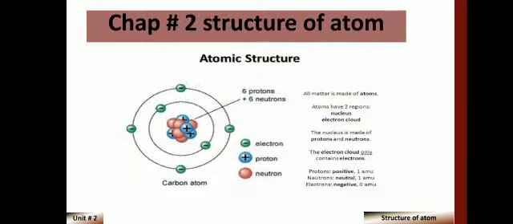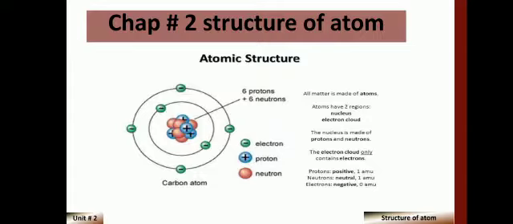Look, see the atomic structure of carbon. The first point of atomic structure was discovered by Neil Bohr, who suggested some theories about the atom. He said all matter is made of atoms, which are tiny particles.